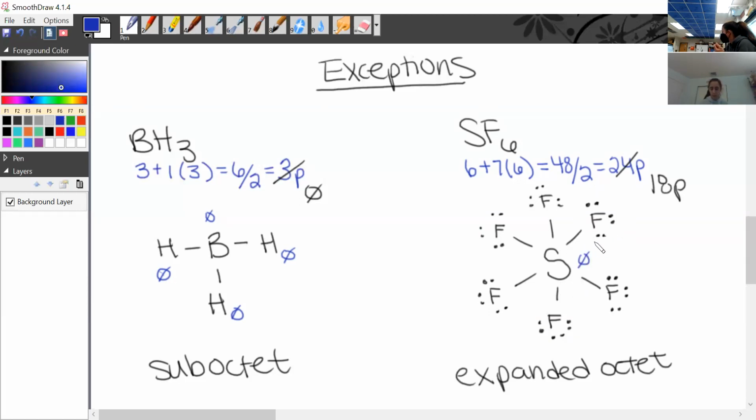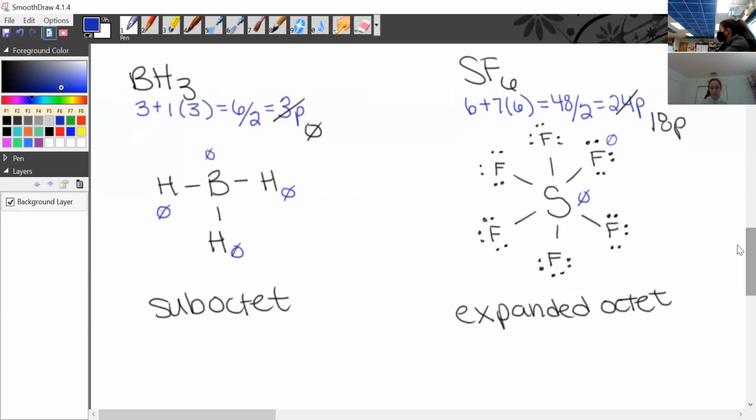Let's calculate the formal charge on one of the fluorines. They're all the same, right? But one of them, 7 valence electrons, minus 1, 2, 3, 4, 5, 6, 7. 7 minus 7 is 0. So you're not gonna have any formal charge anywhere. So this is okay as well, right? But there is a rule, okay, for expanded octets.